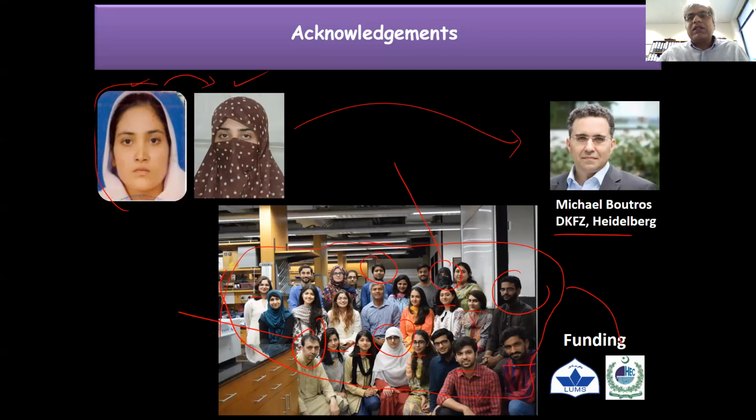And this particular project of genome RNA screen was not possible without funding from HEC, as well as very generous support throughout my stay here at LUMS by the School of Science and Engineering and the LUMS team.